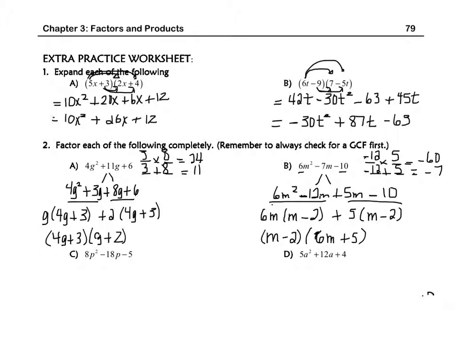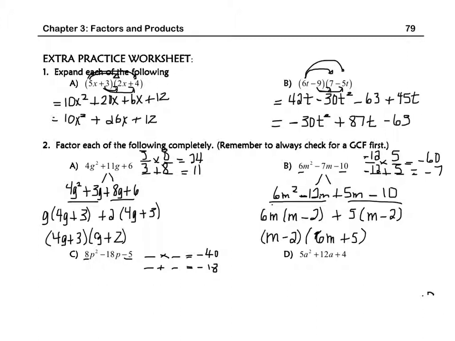Okay, the next one, you're looking for two numbers. And again, you should always check first to see if there's a GCF. There is no GCF between these three terms, but always check, because it'll make your factoring a lot easier if you check for GCF first. So you're looking for two numbers that multiply to give you negative 40 and add to give you negative 18, which would be, again, a positive and a negative.